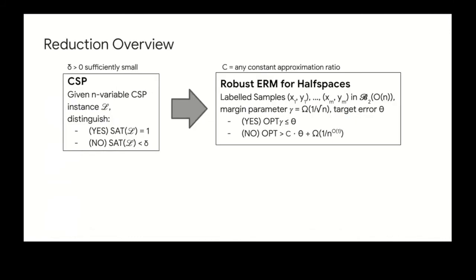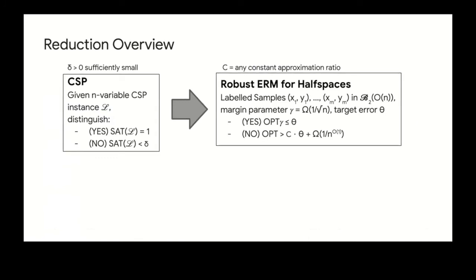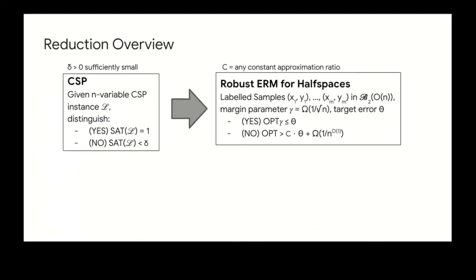It turns out that this proof is pretty similar to the previous proof, except that instead of starting from k-clique, we can start from 2-CSP instead. Specifically, if we start from a 2-CSP instance with n variables and sufficiently large gap, then we can get an arbitrarily large gap for the yes and no cases in the ERM problem for half space as well.